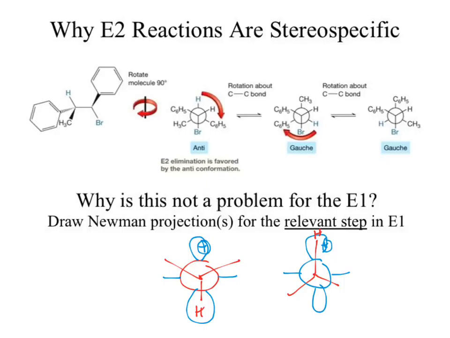I don't have a carbocation where I have two sides. So in an E1, we can do all sorts of rotations to generate our most stable product. That's where we get trans preferentially. With the E2, we have to make sure that we're in the proper alignment first, then we do the elimination. Whatever product we get is the product we get. We're stuck with it.